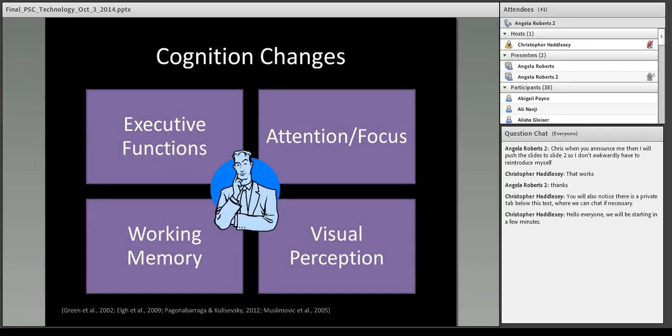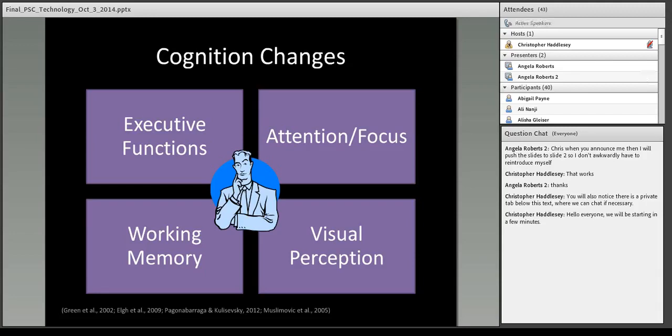We'll talk briefly about some of the cognition, language and speech changes, but just as background for the types of devices, applications, and computer software that may be useful for helping people with these challenges in PD. Some of the cognitive changes we see even early on include difficulty with attention and focus, particularly dividing attention between two areas of focus, or eliminating distractions from background noise in order to focus on what's directly in front of you.